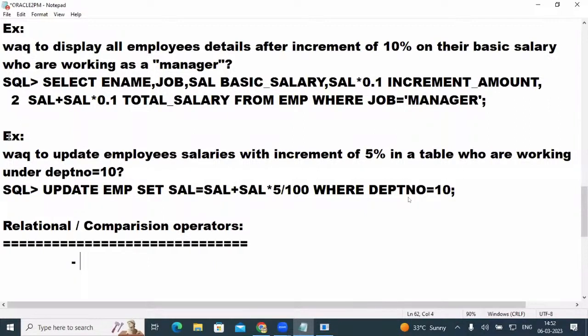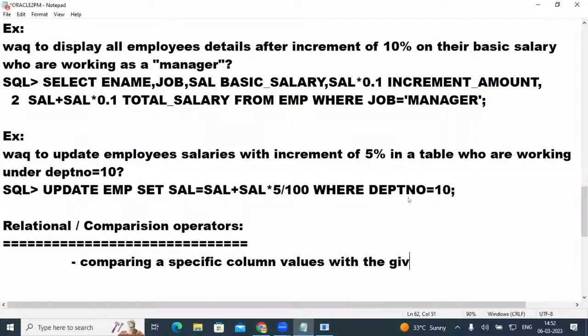Okay, now write down below. Comparing a specific column's values with the given condition in the where clause.